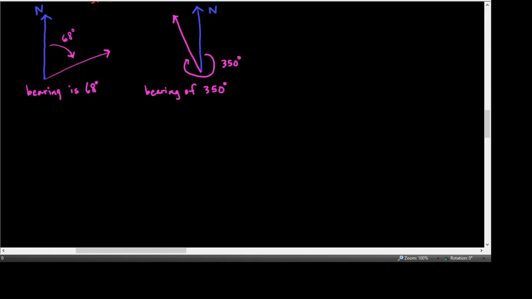Radar stations A and B are on an east-west line with A west of B. Okay, so here's A, and that's west of B. So this is my east-west line, and A is west of B. All right. And the distance between them is given to be 3.70 kilometers.